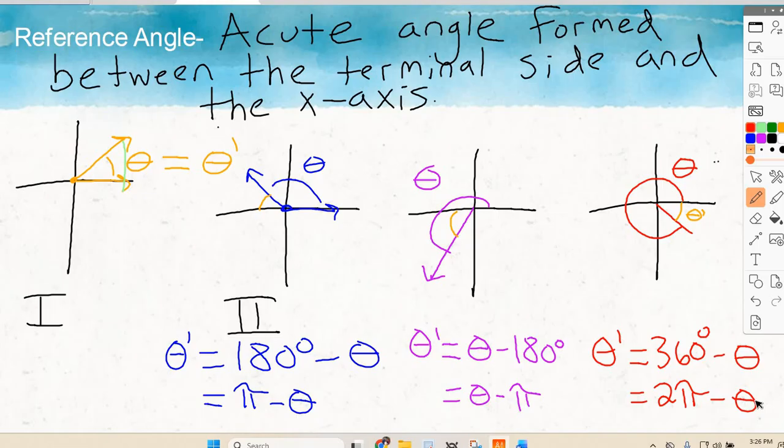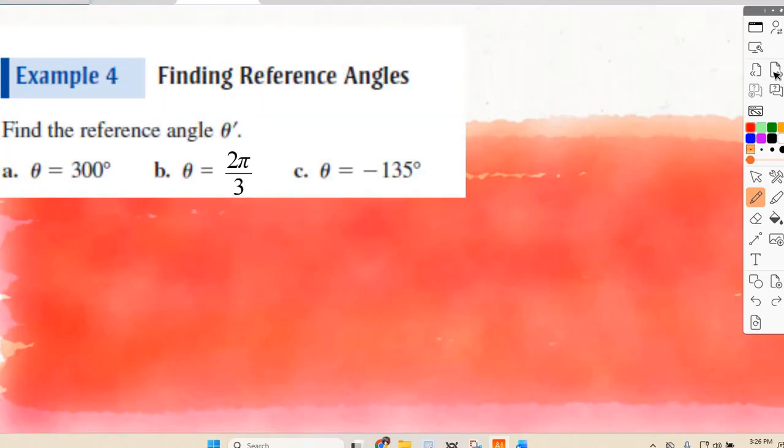Alright, what questions do we have there? Let's look at some actual examples. On my first one, we have the angle of 300, and we want to find the reference angle.